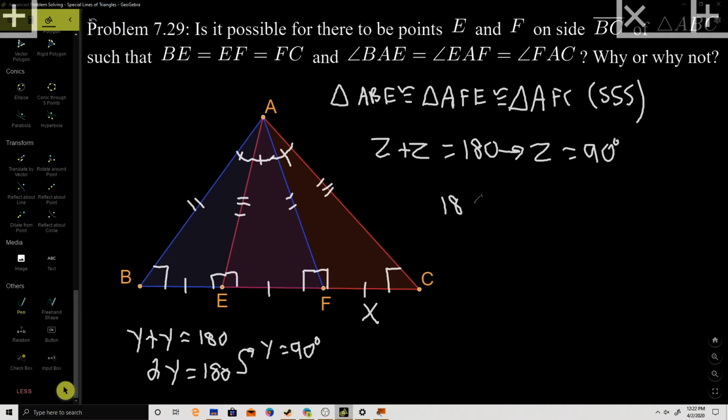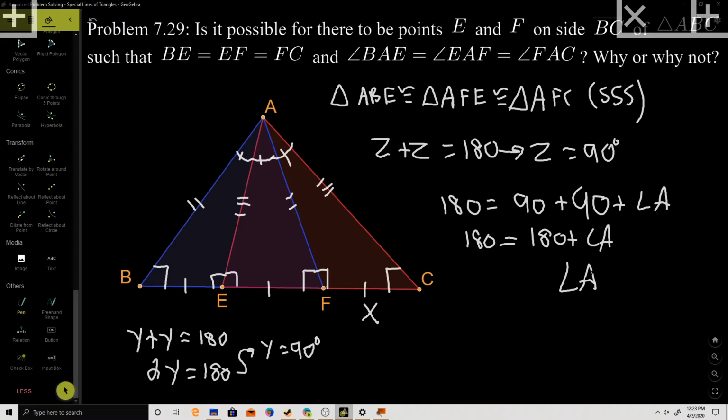And if we add up all the angles, that means I know that angle at B is 90 and the angle at C is 90, so I just have plus the angle at A. Well, 90 and 90 is 180 plus the angle at A equals 180, which if I subtract 180 on both sides, that implies angle A is 0 degrees, which is not a triangle.